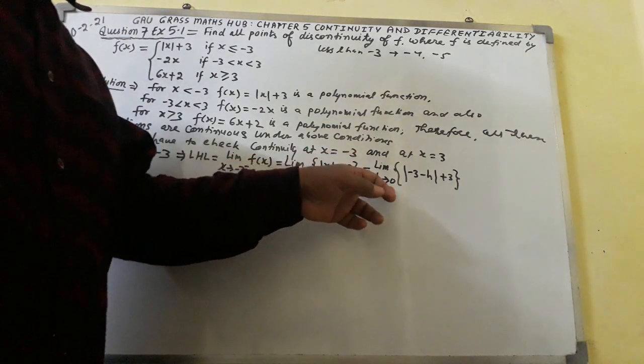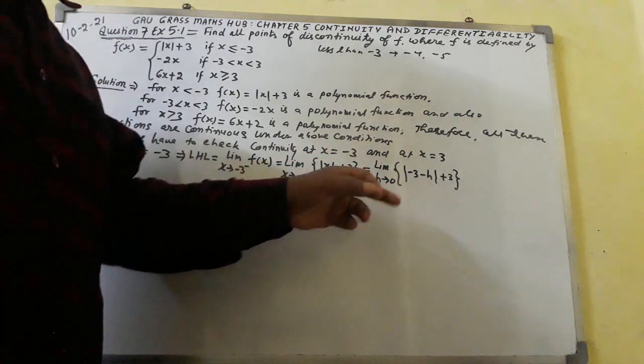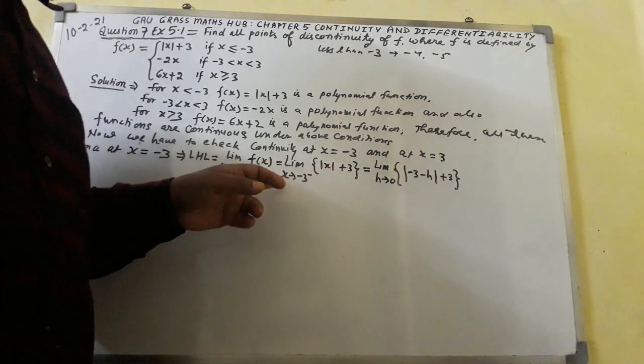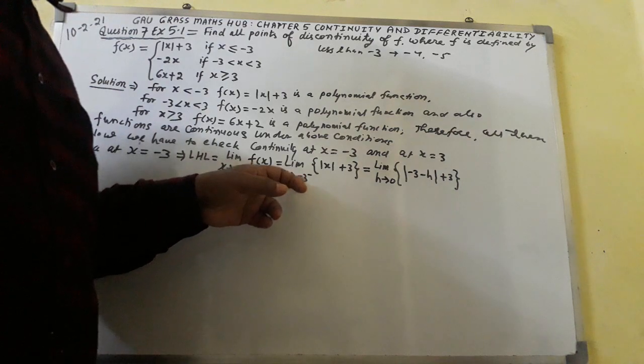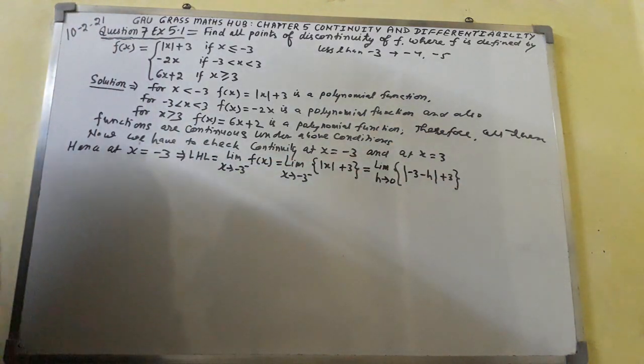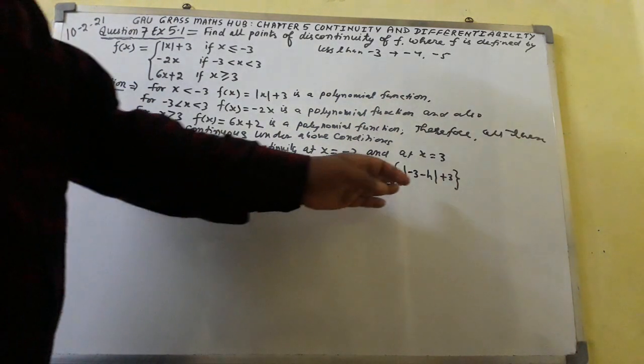Limit h tends to 0. So in place of x I shall write x equal to minus 3 minus h, plus 3 will be there. So what will we get?